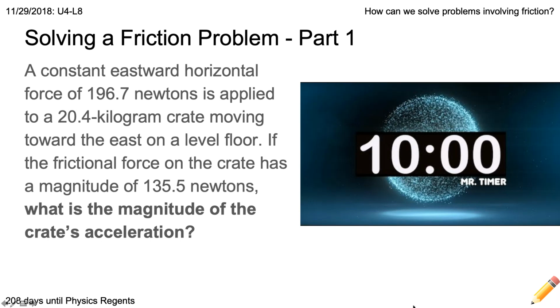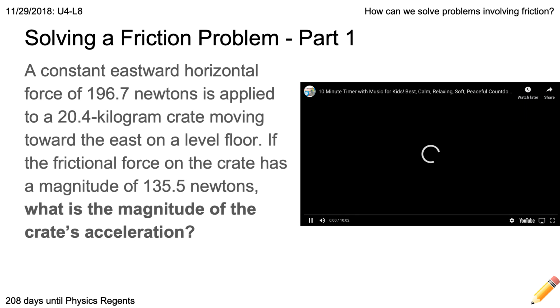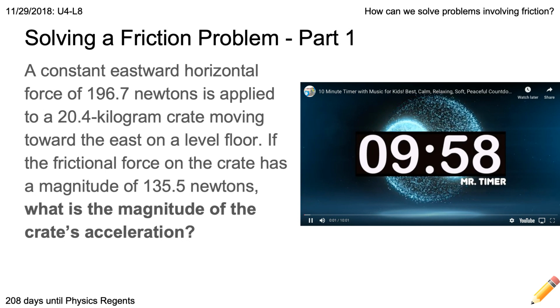So our first question here is, a constant eastward horizontal force of 196.7 newtons is applied to a 20.4 kilogram crate moving towards the east on a level floor. If the frictional force on the crate has a magnitude of 135.5 newtons, what is the magnitude of the crate's acceleration? So you've got 10 minutes.